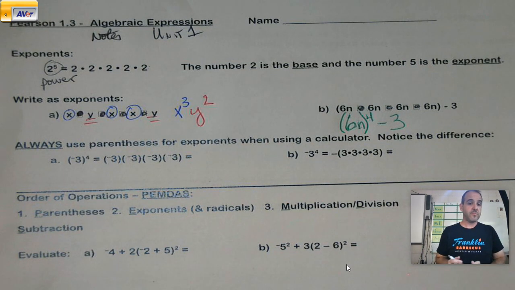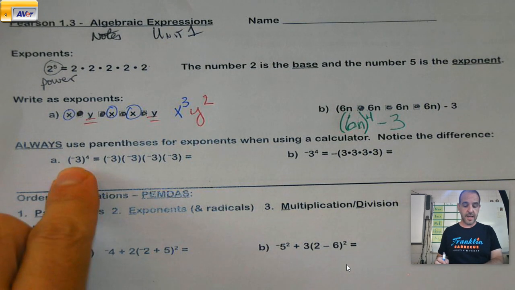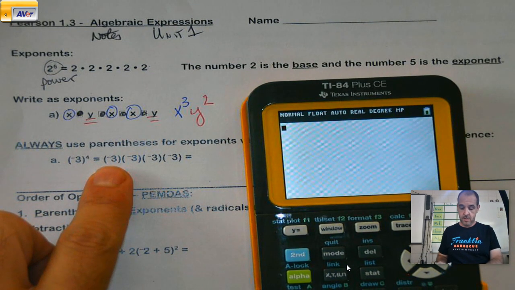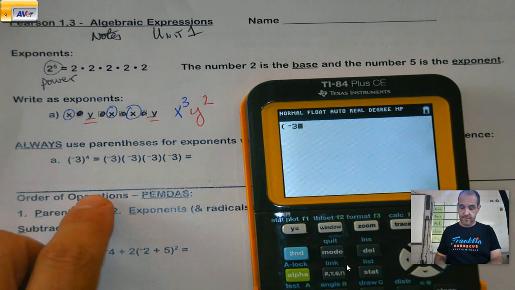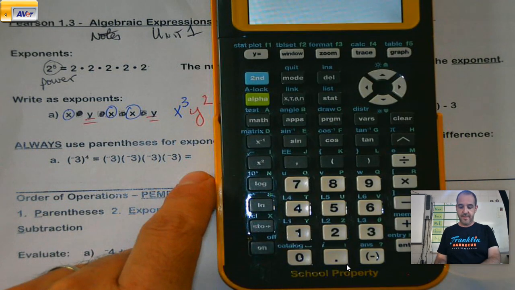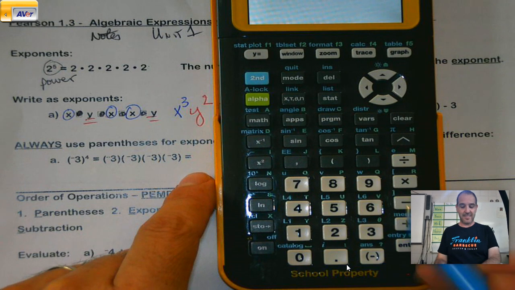And then same also, when using a calculator for exponents, it's important basically that you type in exactly what you see. You can't get careless. Like here, for instance, negative 3 to the 4th is all these negative 3s. Now, if I pull up a calculator and I just follow what I see, negative 3, and again, when we're doing the negatives here, this and this are different. This is the negative, this is minus.